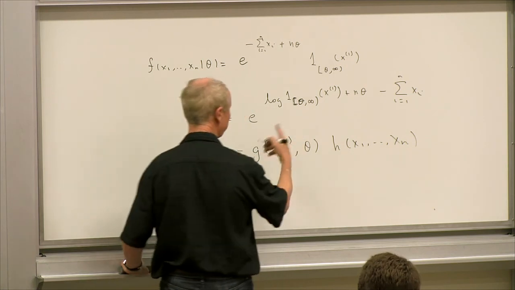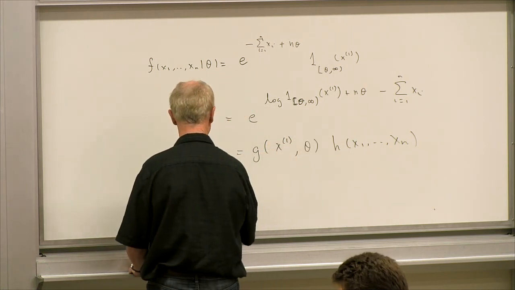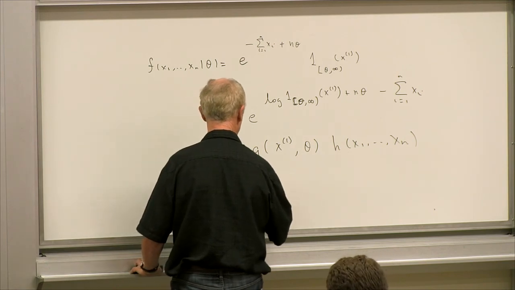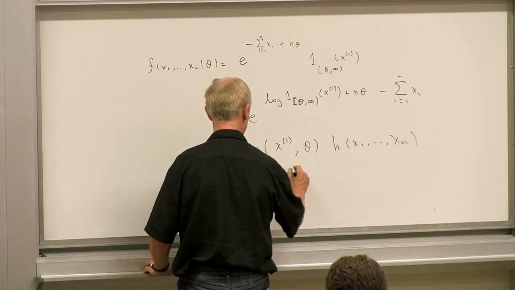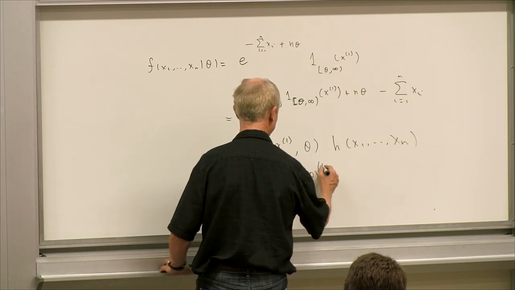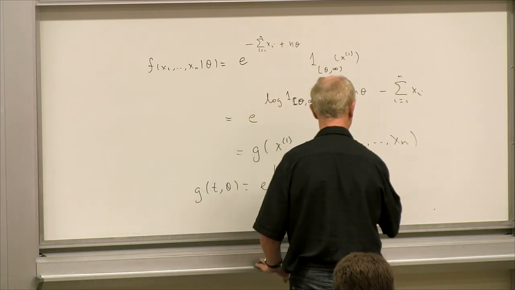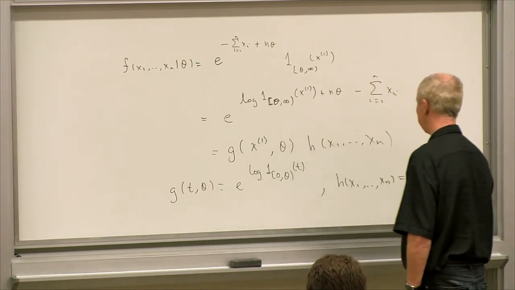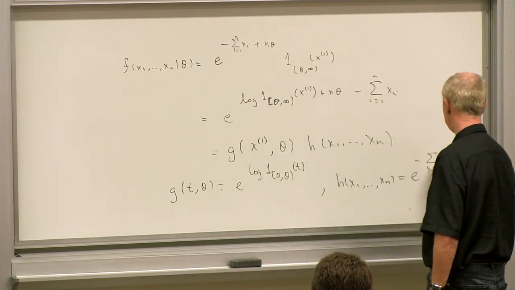Let me not try to force it into an exponential family. g of t and theta is e to the log indicator 0 theta of t. And h of x1 through xn is e to the minus sum of the xi's.